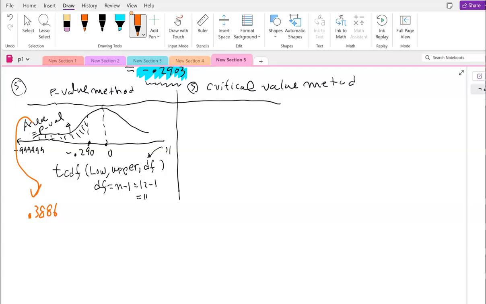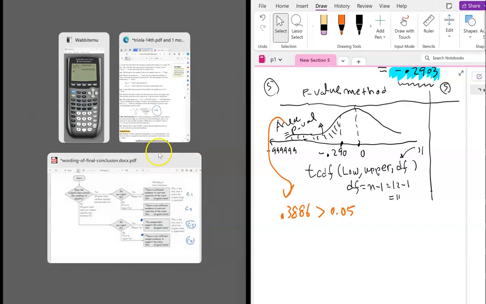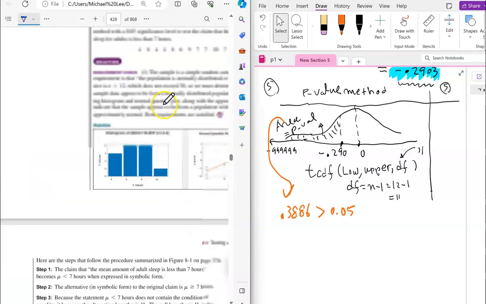This p-value is greater than alpha. Alpha is 0.05. If you look at the question, alpha is here.